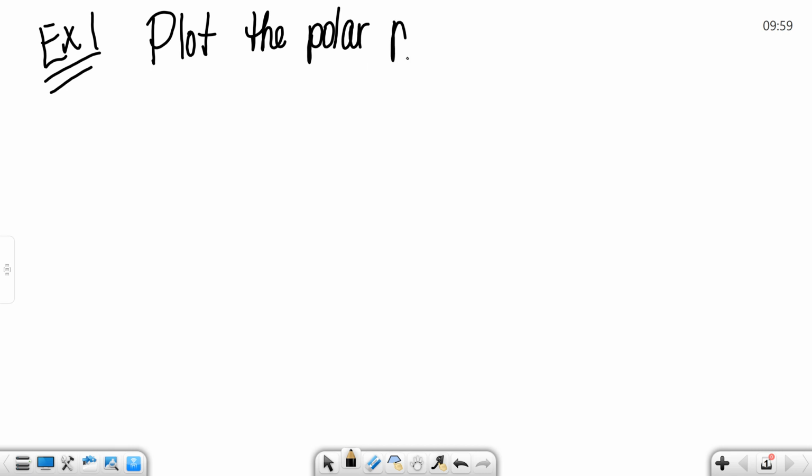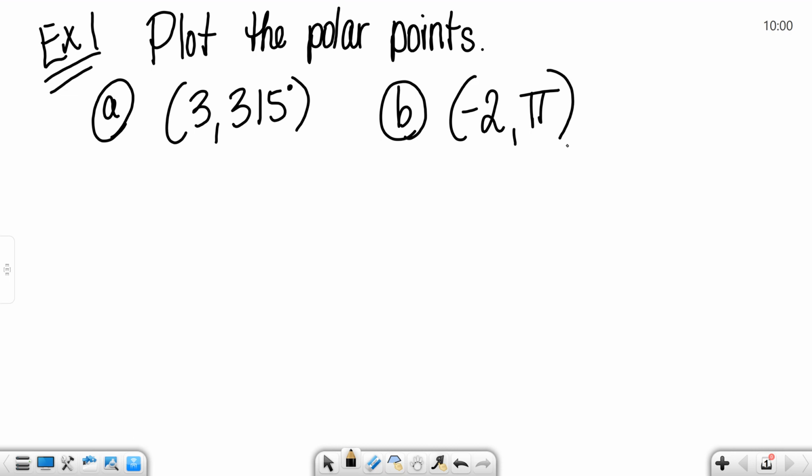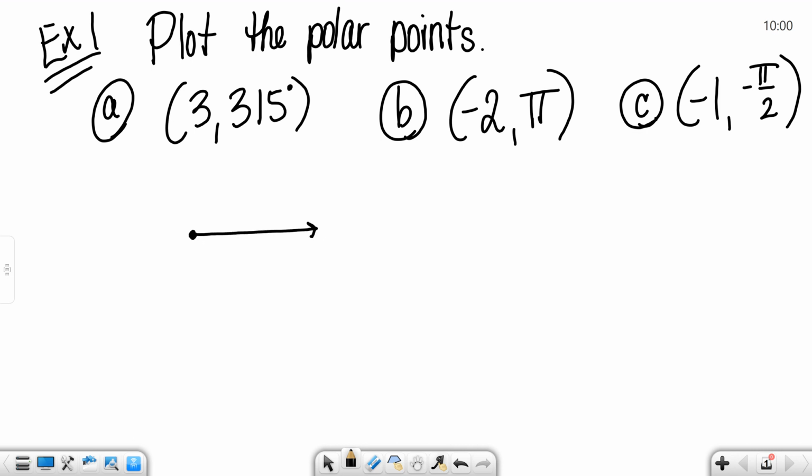We are going to graph these polar points. We're going to graph 315 degrees. Now, these will not usually be written in degrees. Most often they will be in radians. Let's just start with this first one. I've got my pole and my polar axis.